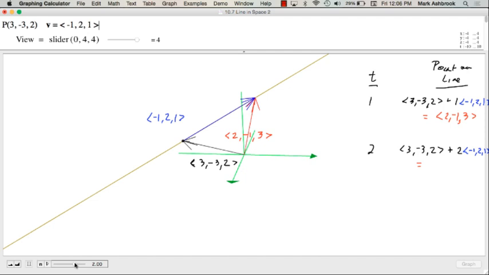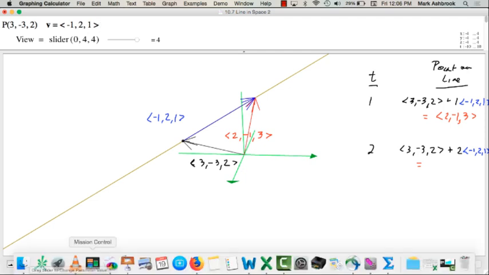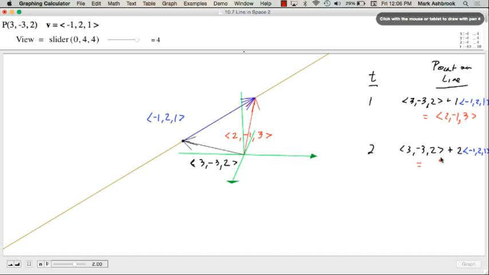Right there, there it is. What point is the new point on the line? Negative 2 and 3 is negative 1. No, is it 1? Positive 1, sorry. So 1, 1, 4.